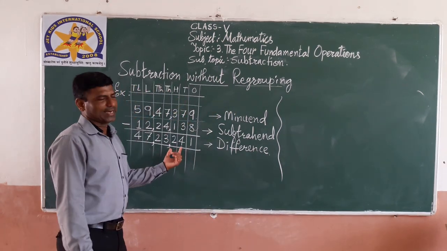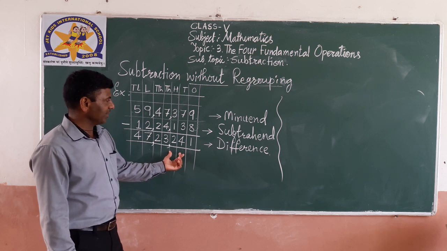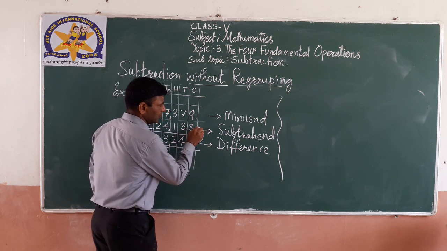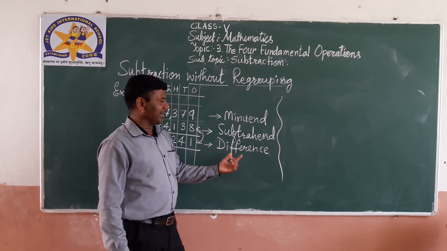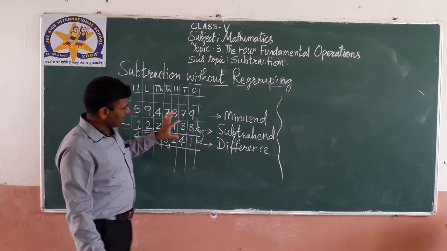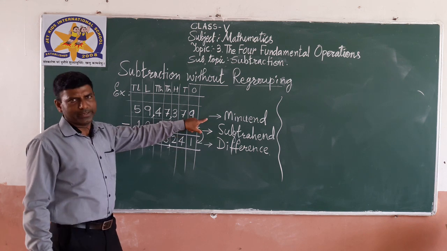How will we find out? For that we will have to add these two, subtrahend and difference. If you add subtrahend and difference, we will get the minuend.